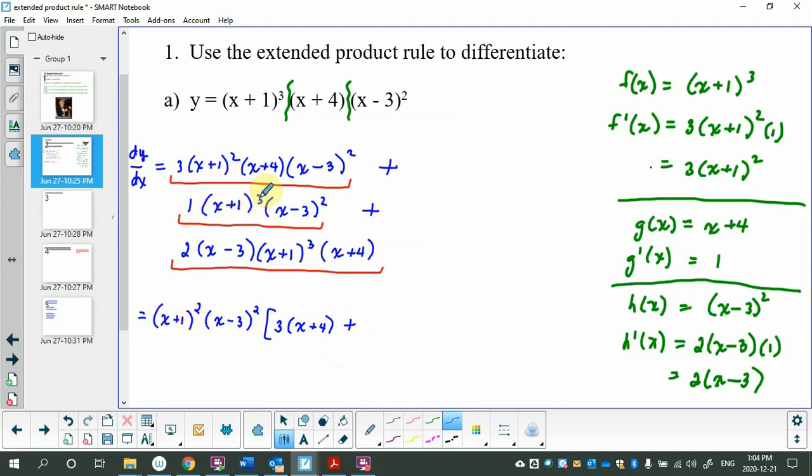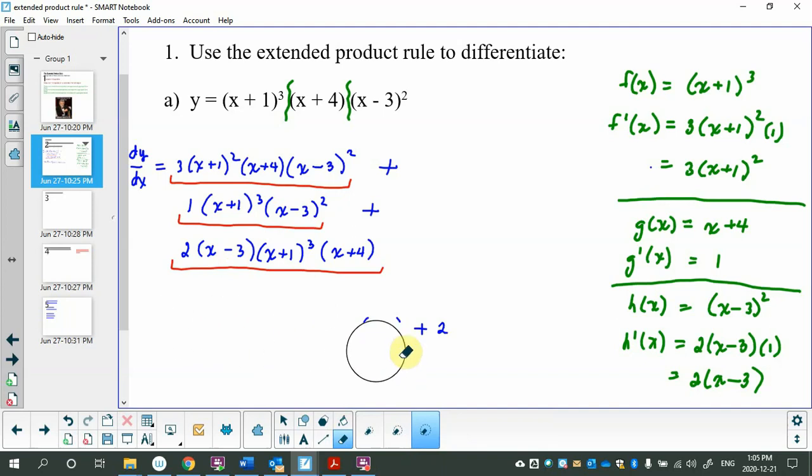I took out 2 of these brackets, but I had 3, so I need to write it down 1 to account for it. And none of these, because they match entirely. Plus sign. I need the 2. Oh, do you see my mistake? I took out too many of these. Crap. Refactor.